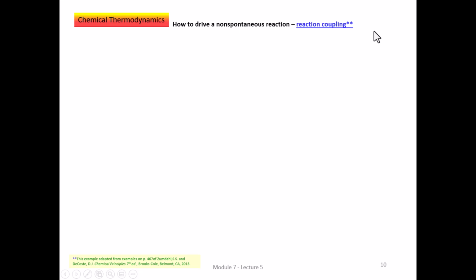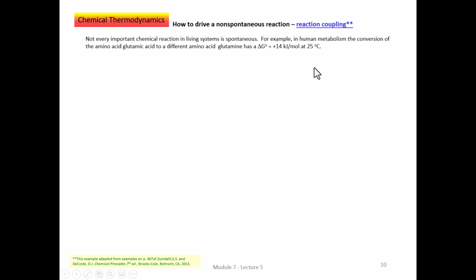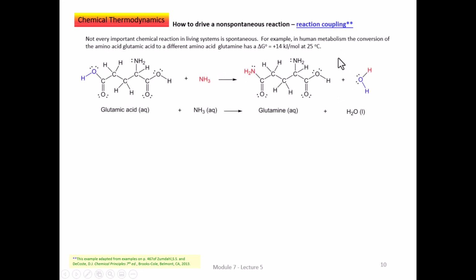But one way to do it is what's called reaction coupling. And what this means is that you actually couple or combine a non-spontaneous reaction with a spontaneous reaction to try to get an overall reaction that goes forward, left to right, in the way you want. Here's an interesting example. Not every reaction that goes on in living systems is spontaneous.